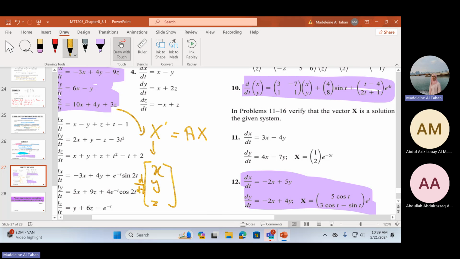Okay, the second one, it will be what? y prime equals x plus y plus 8 times sine t plus 2t plus 1 times e to the 4t. Did we get it? Is this one homogeneous or non-homogeneous, miss?